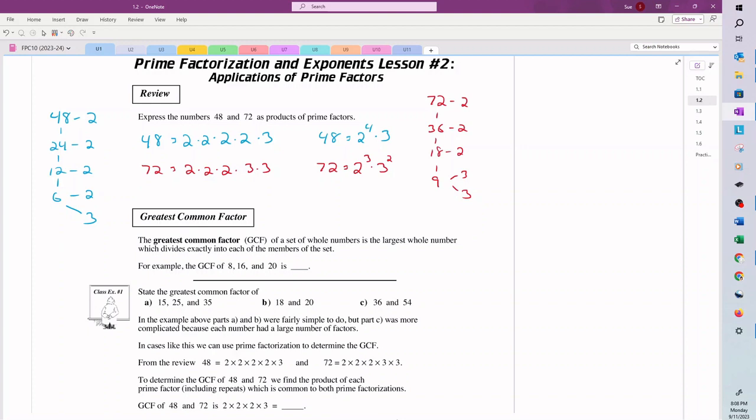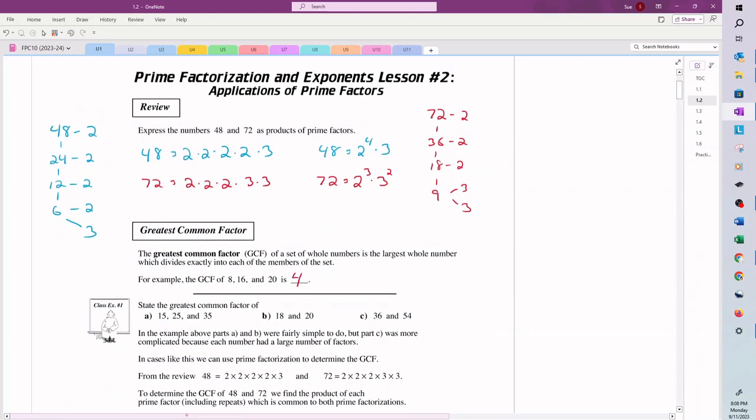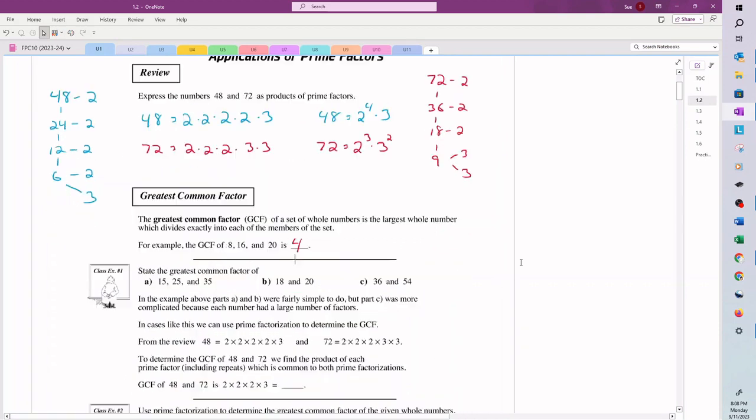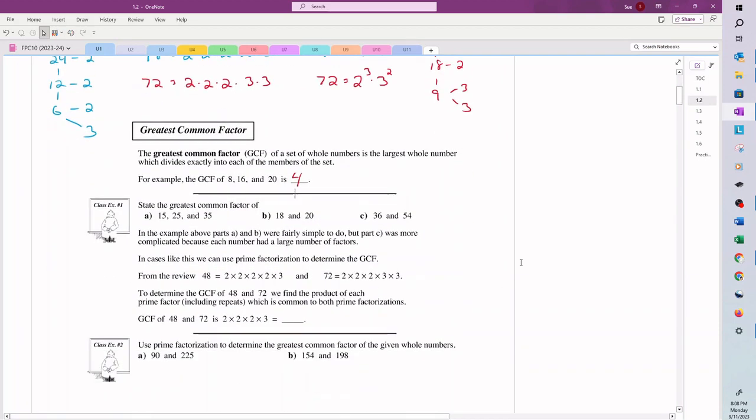So the greatest common factor of 8, 16, and 20 is 4, because 4 is the biggest number that divides exactly into all three of those numbers. The greatest common factor of 15, 25, and 35 is 5. And that one you hopefully can see just because you know your multiples of 5.